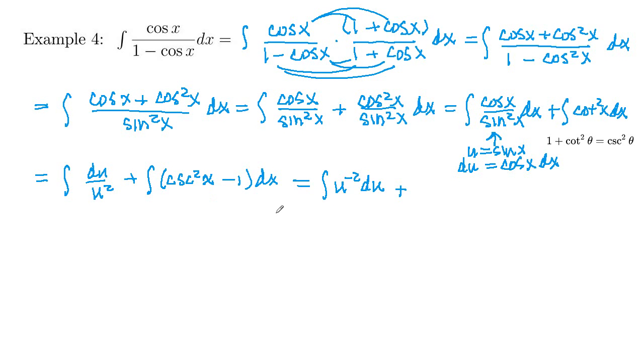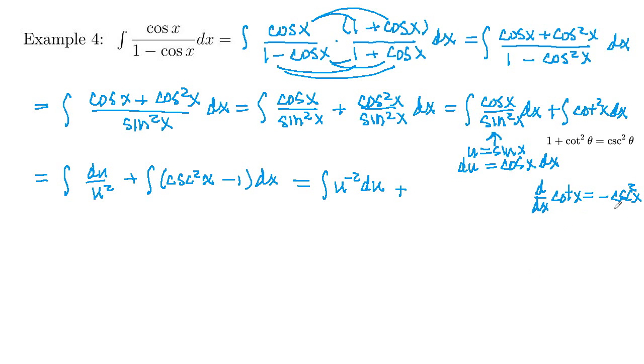Well, remember, derivative of tangent is secant squared, while derivative of cotangent is negative cosecant squared. So we don't use that one as much. Derivative of cotan x is negative cosecant squared x.